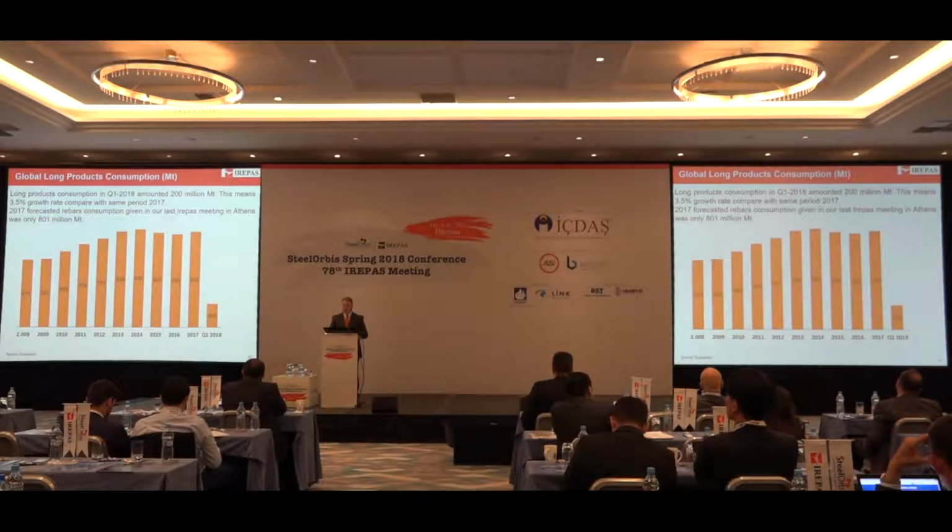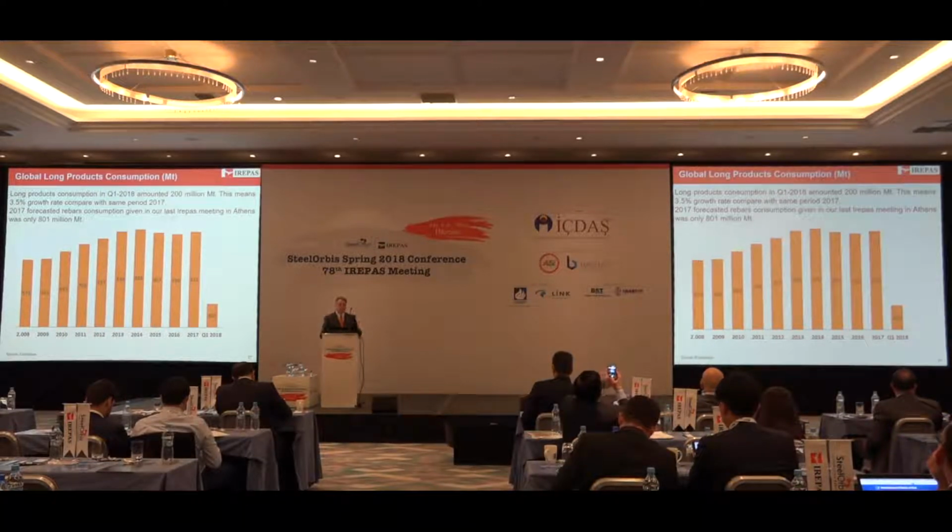We had a consumption of long products last year of 815 million tons. The forecast that I made in the last IREPAS meeting in Athens was only 801. So the second part of the year was better than expected, and finally we reached 850 million tons. And for this year, the growth in the first quarter has been 3.5%.